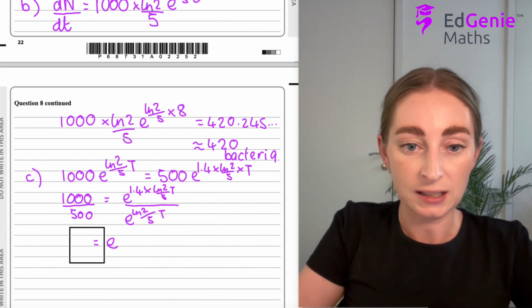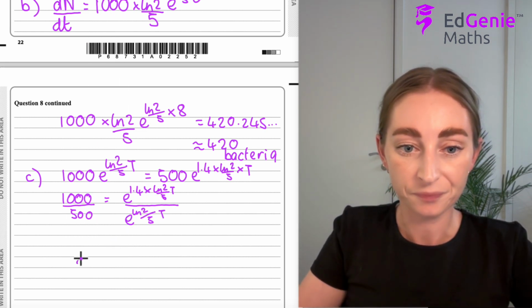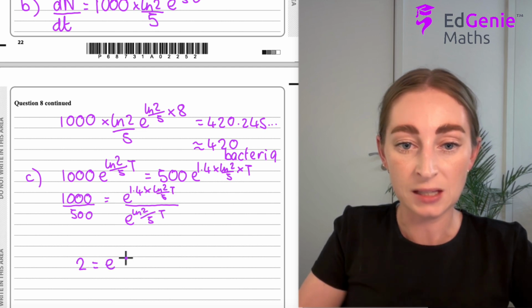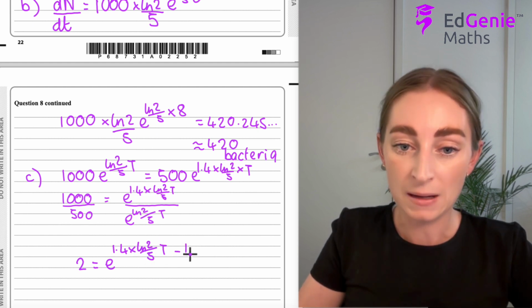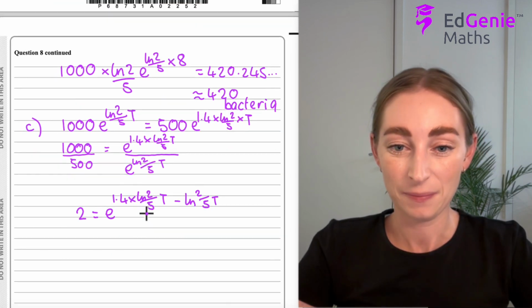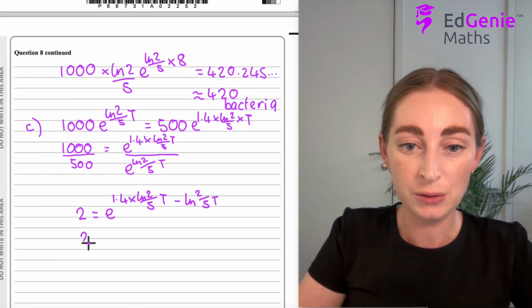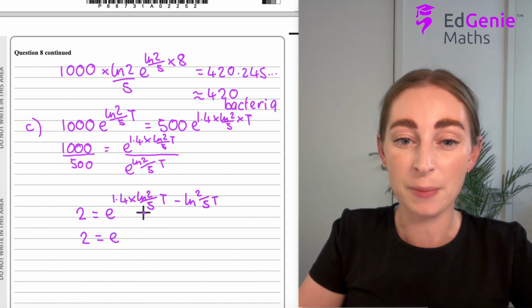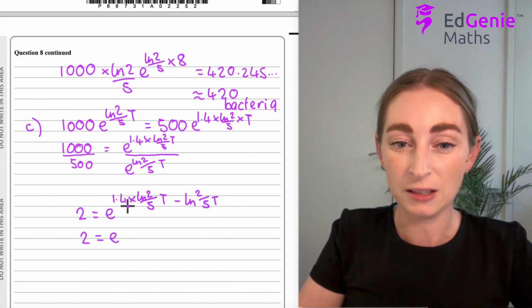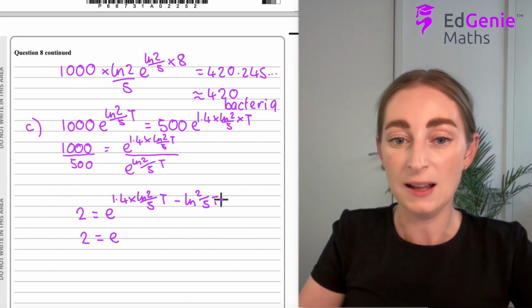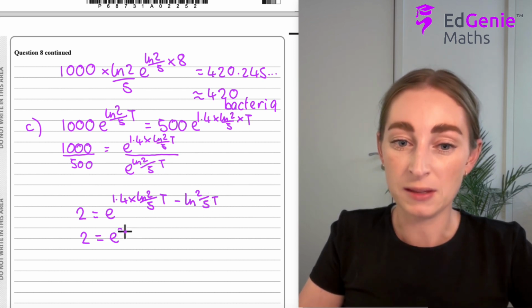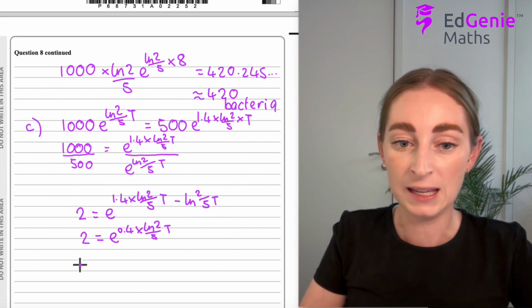Let me just write this a little bit lower. I need a bit more space. 2 equals e to the power of. So I'm going to have 1.4 times ln 2 over 5t minus this. So 2 equals e to the power of, this is basically like you've got 1.4 lots of this, and then you've got 1 lot of it. So we're left with 0.4 lots of ln 2 over 5t.